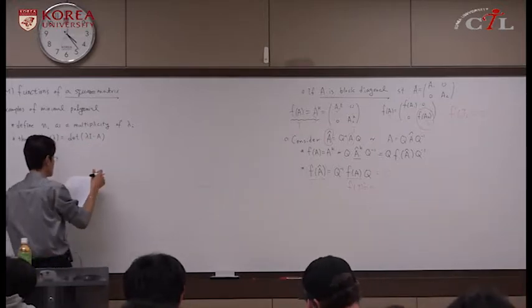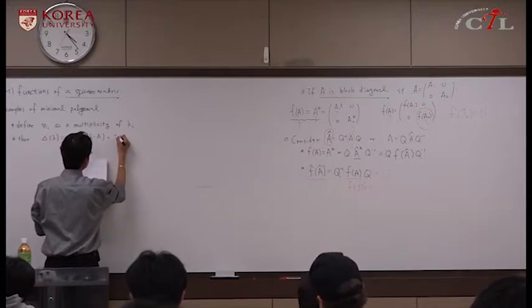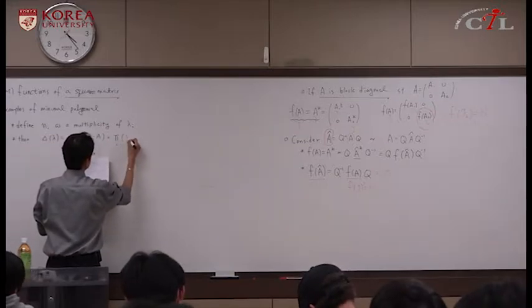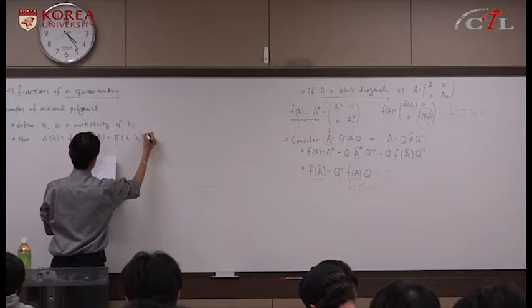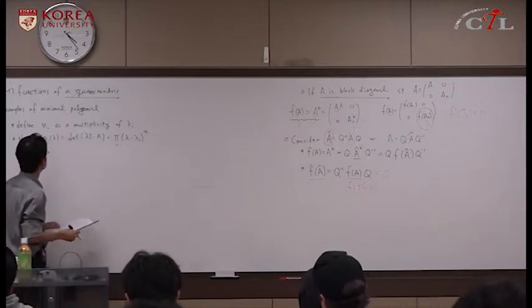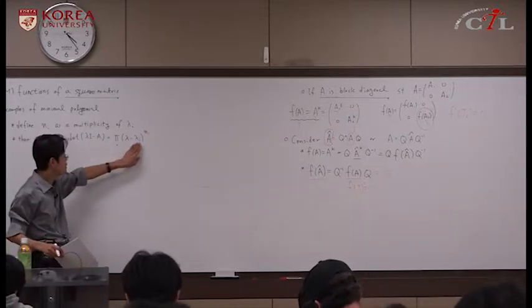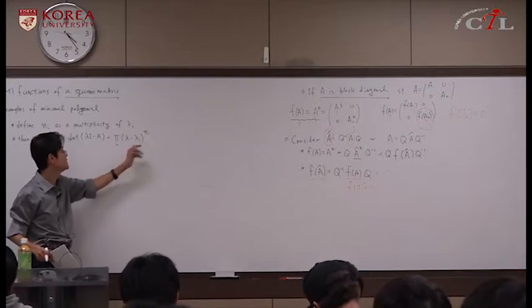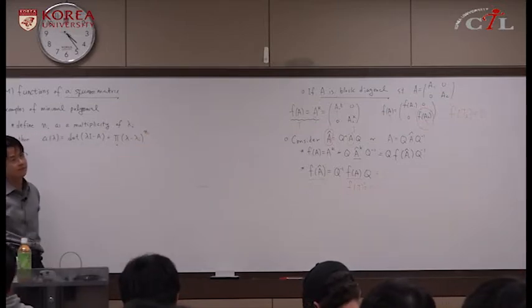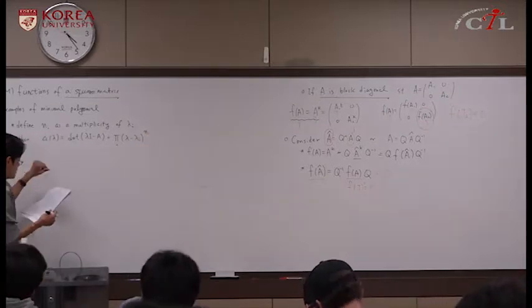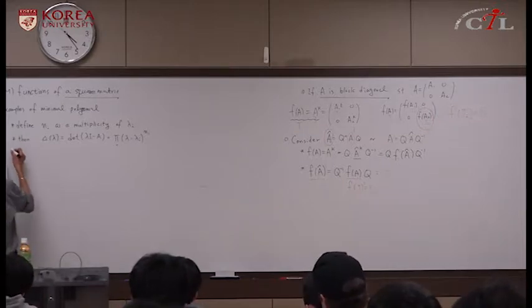So that's the characteristic polynomial. If a specific lambda is repeated Ni times, it could be written like this. Then our minimal polynomial can be written like this.